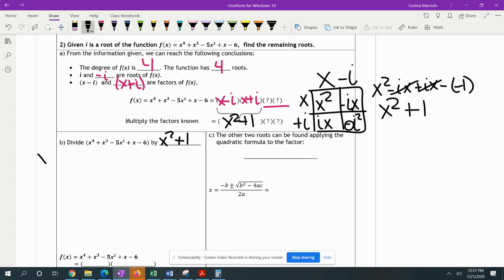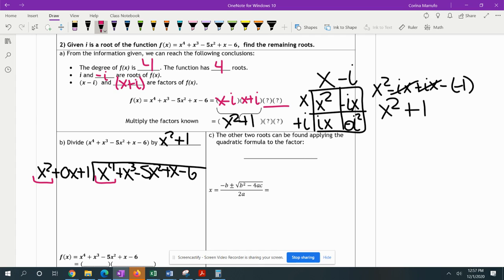Remember, we have to divide using long division because we can't use synthetic division. I fill in the missing term. So x to the fourth plus x cubed minus 5x squared plus x minus 6. Okay, so we start with the first one. We have x to the fourth power here and then x squared. So x squared times what gives us x to the fourth?